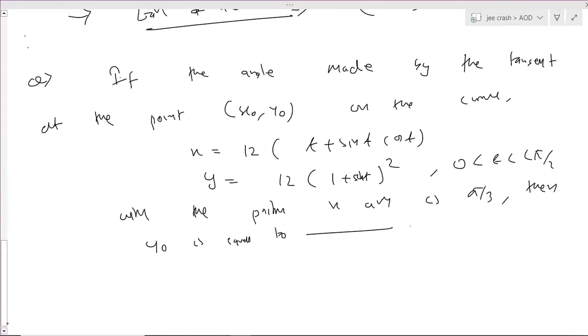Very simple question, it might look very tough. So what they have given you is the angle made by the tangent with the positive x-axis.